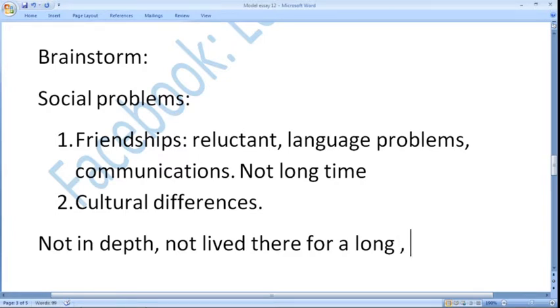And you cannot understand a foreign culture 100%, so you face cultural shock and something like that. You can write about these social problems.